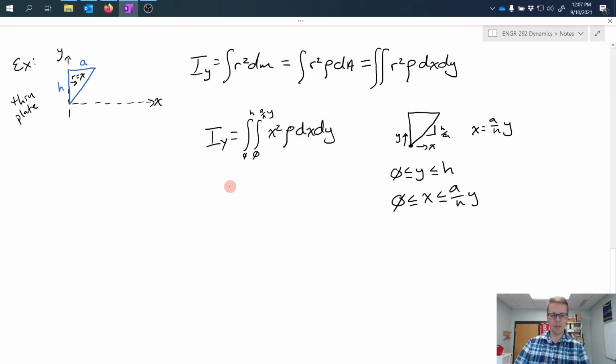So this gives me the integration in y, which hasn't gone away yet, I haven't actually evaluated that yet, of 1/3 x cubed rho evaluated between the limits 0 and a over h y. So now I can substitute in my limits.